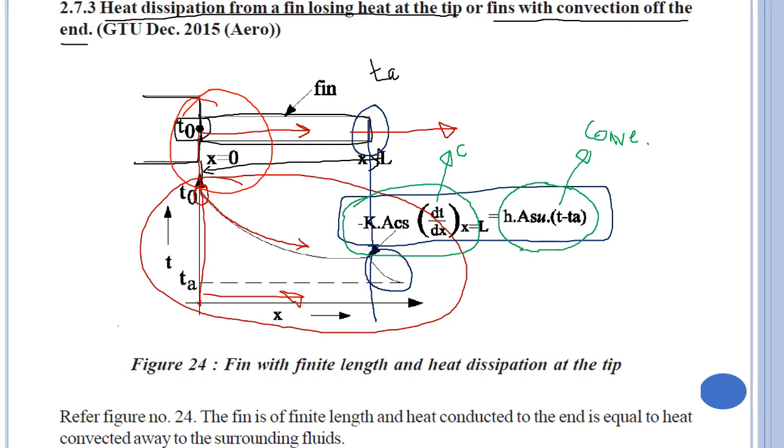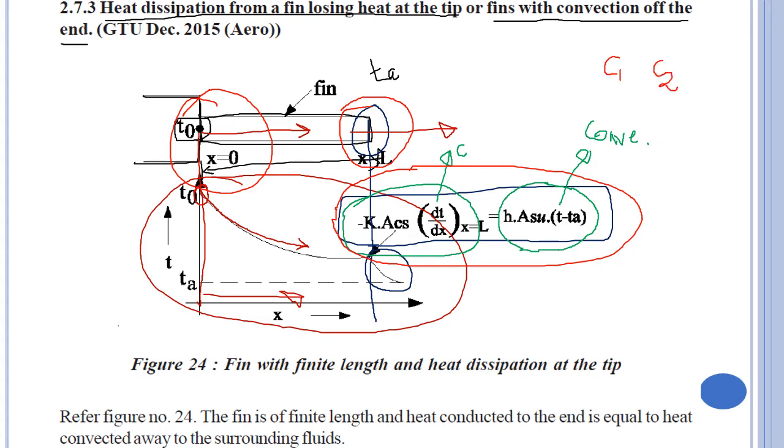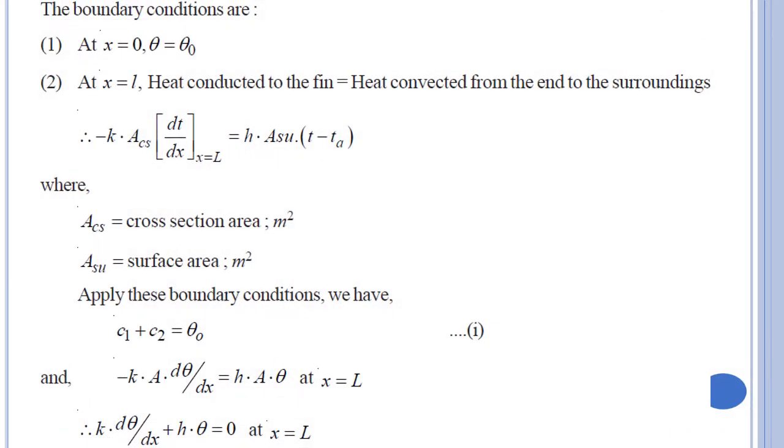And the second boundary condition known to us is when x equals to L, Q conduction equals Q convection. So now two boundary conditions are available from which we have to find the constants C1 and C2. Let's complete the procedure and find out the temperature variation and the heat transfer in this case.